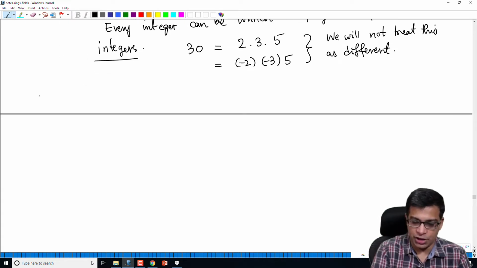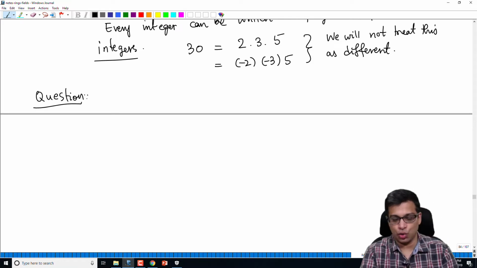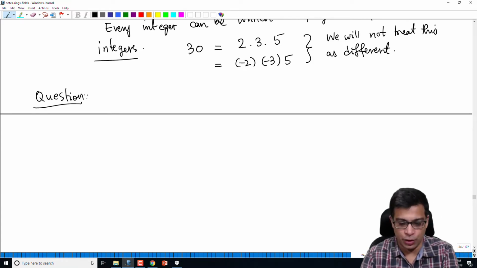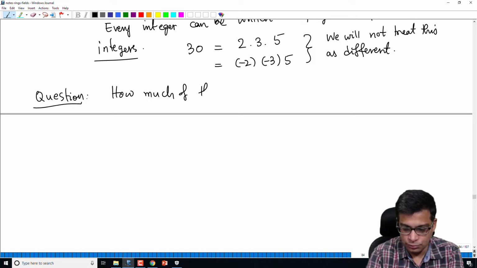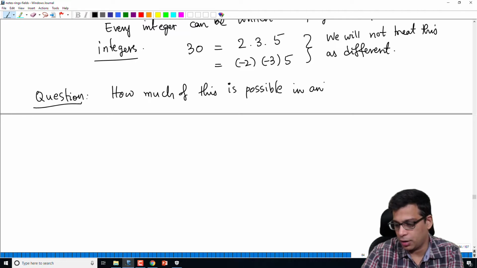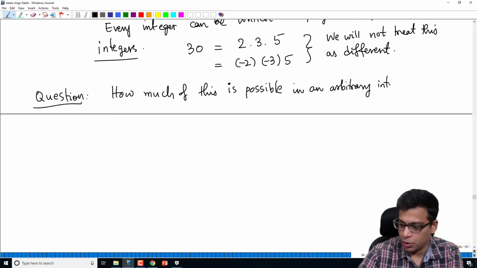So the question is, what we have learned in school is that in integers you can do this. The question is, how much of this is possible in an arbitrary integral domain?